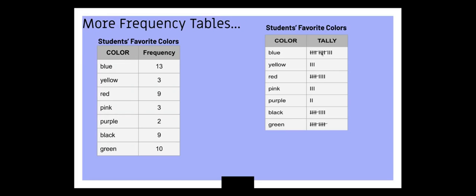So it's important when you have a table that looks like this that only gives you the category and the tally, that you then add on to it. And this is how we show our work. So I see here blue, and of course, the other frequency table already tells me it's 13, but if I didn't have that and all I had was this, I'd have to count 5, 10, 11, 12, 13.